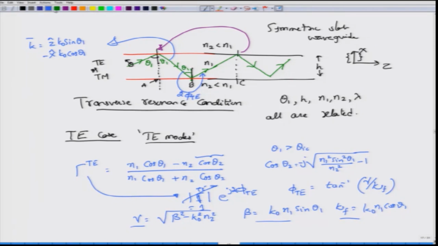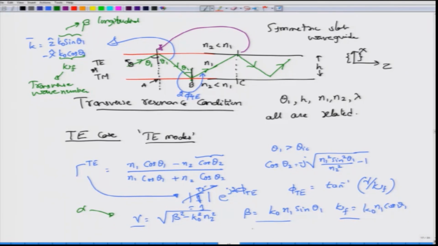We have simply labeled this k0 cos theta 1 as kappa f, and we call this kappa f the transverse wave number, and we call this k0 sin theta 1 the propagation vector beta, or sometimes the longitudinal propagation vector. I have used these definitions and also written, instead of alpha in the previous module, gamma, the decay constant of the evanescent wave outside the interface.